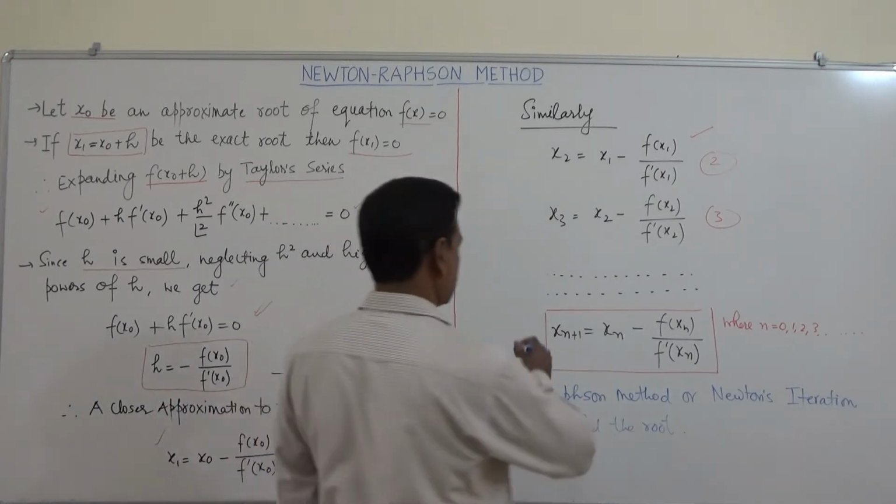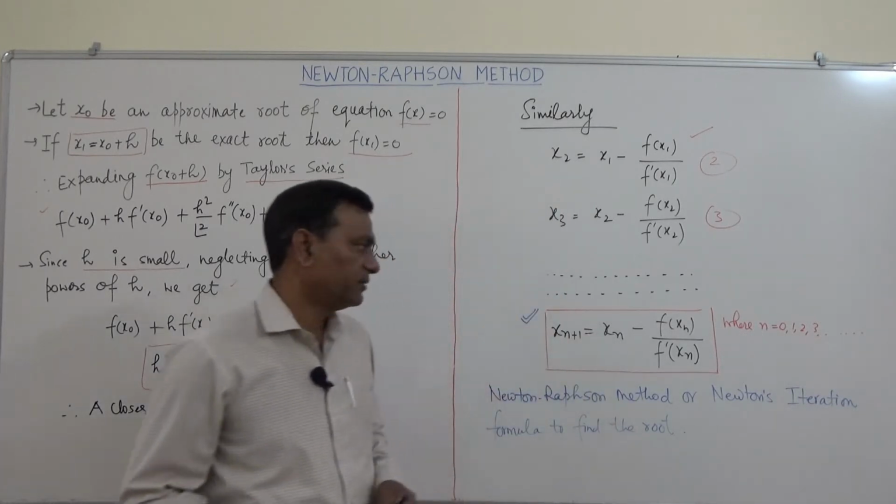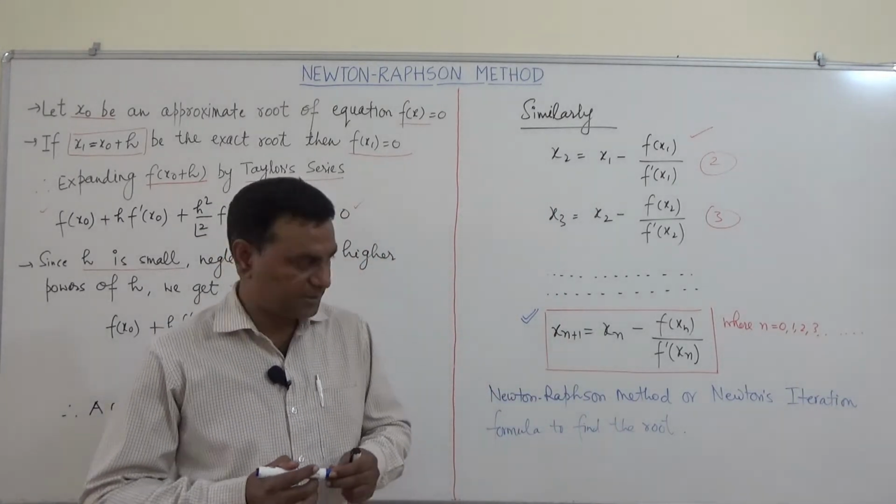So this is the general form, the final formula of the Newton-Raphson method.